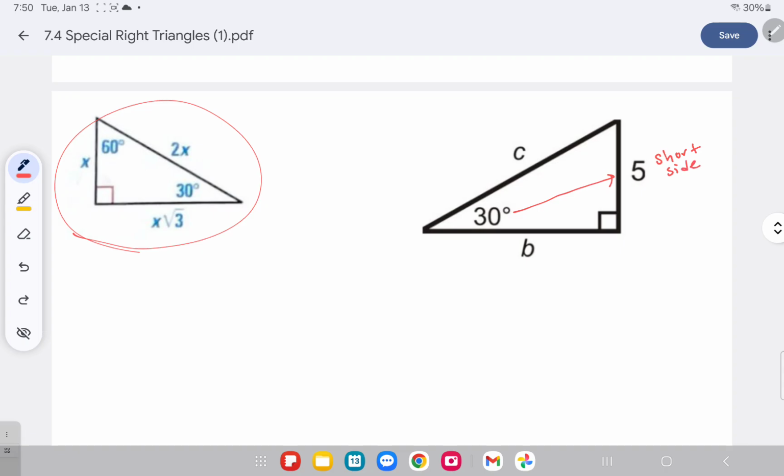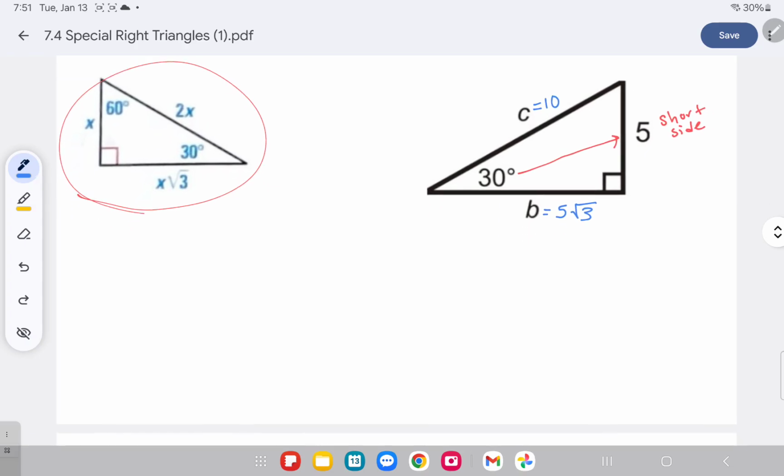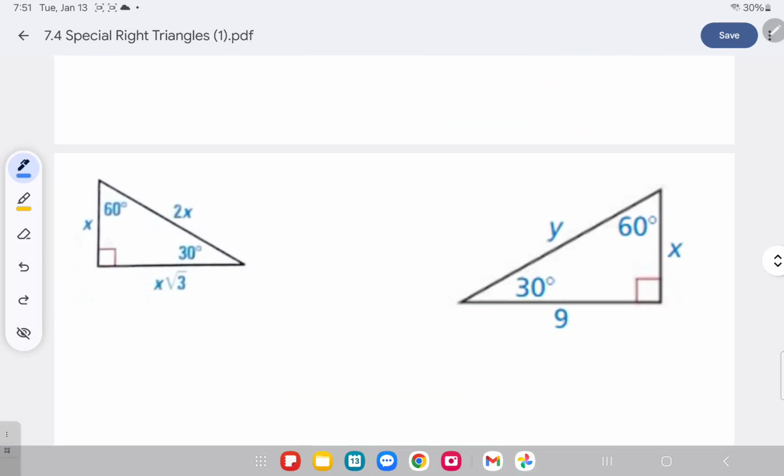To get the hypotenuse, which in this case is c, we just multiply by 2. So our hypotenuse is 2 times the short side, which in this case would be 10. Our long side is the short side times the square root of 3. So in this case, our long side would be 5 times the square root of 3.